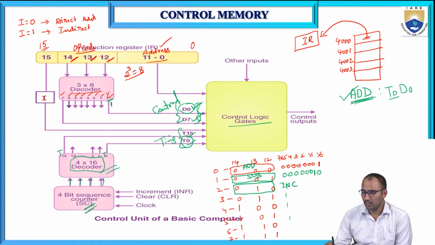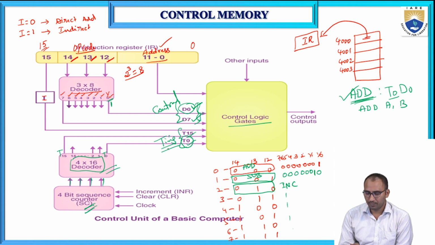Suppose here we have add A comma B. We have seen how to generate the timing signal. Why do we require a timing signal? Because when we are performing add A comma B, it requires some timing signal.